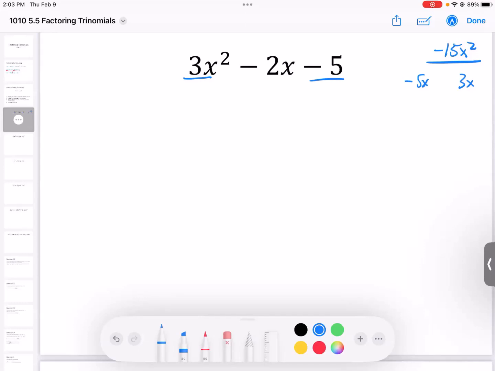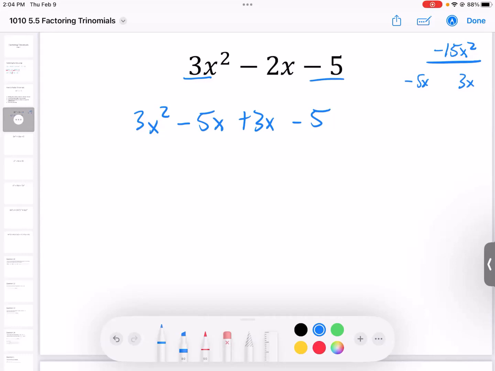And so those are the 2 terms we're going to split -2x into. So we'll rewrite the polynomial as 3x squared minus 5x plus 3x minus 5. Once you have that done, then it's just like what we did yesterday, and you just do factoring by grouping from there. And so this step right here is really the only new stuff we're learning today.